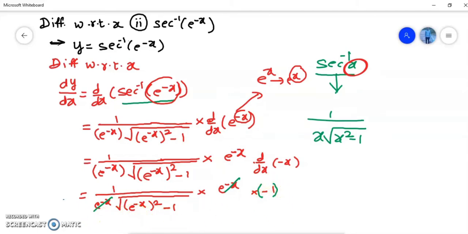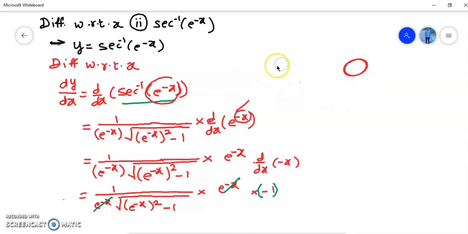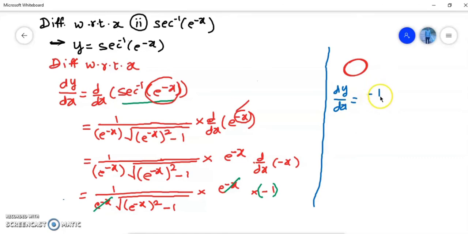So if you solve it further, what is remaining is minus 1. dy by dx is equal to minus 1 whole divided by root of (e raised to minus x) whole square.